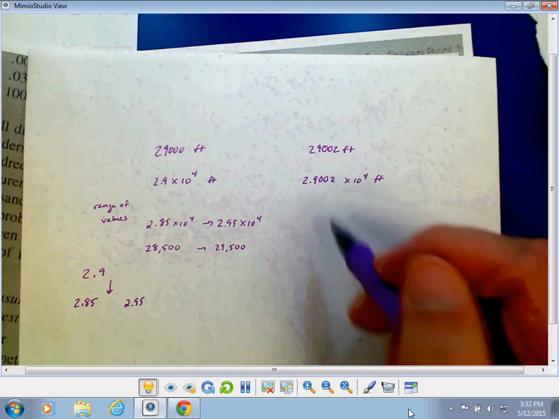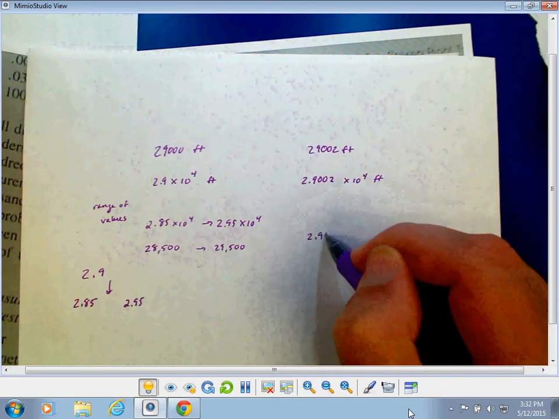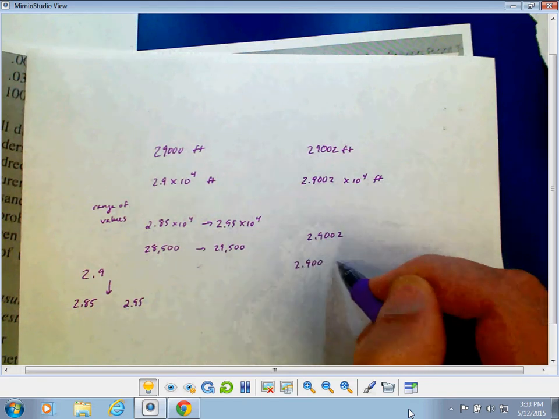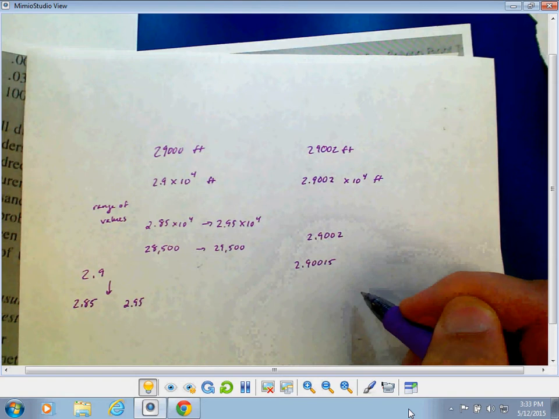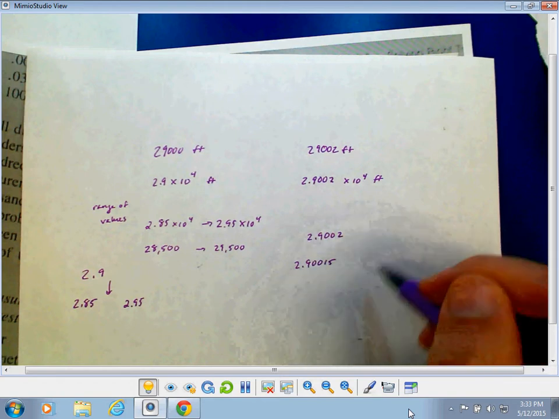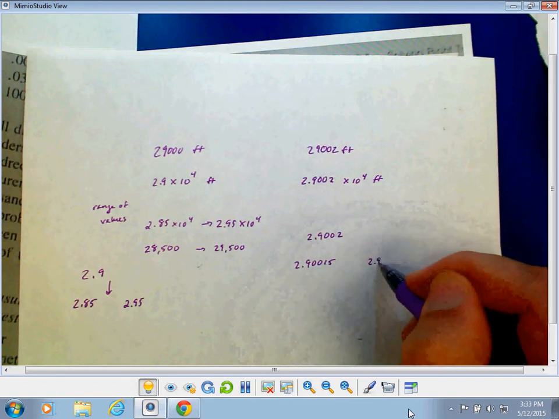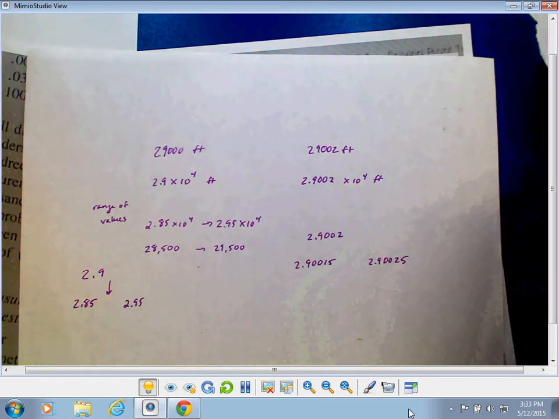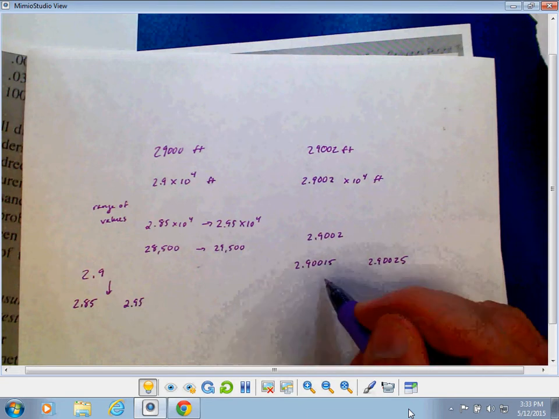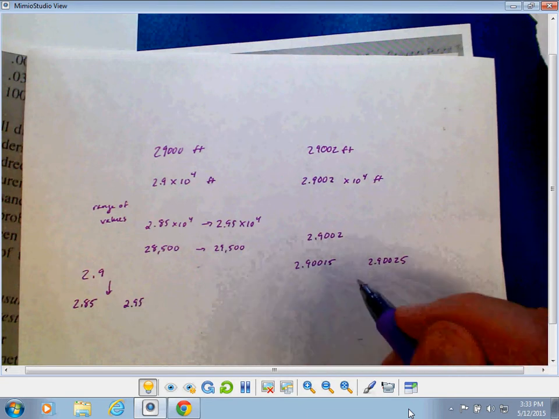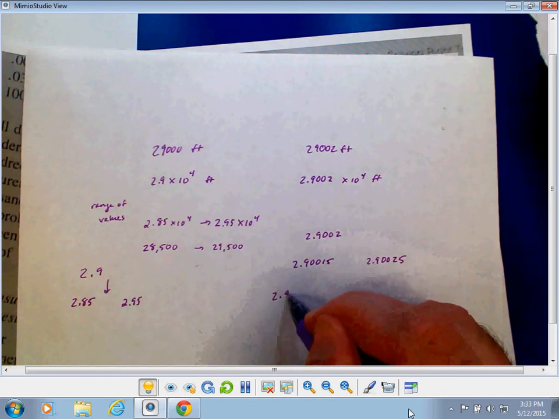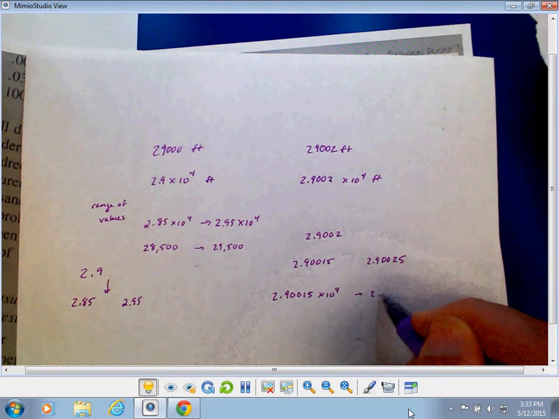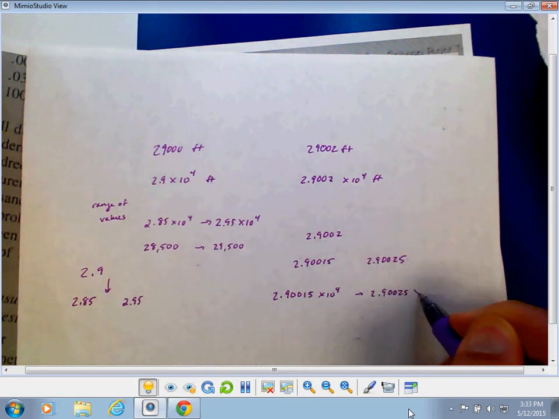Now this one, you're going to have a little bit more work to do, right? It would be 2.9002, but we would split that into 2.900015, because I knock it down in a half, right? And then I go up a half, 2.90025. And so if I were to rewrite that in scientific notation, I would be saying 2.90015 times 10 to the 4th to 2.90025 times 10 to the 4th.